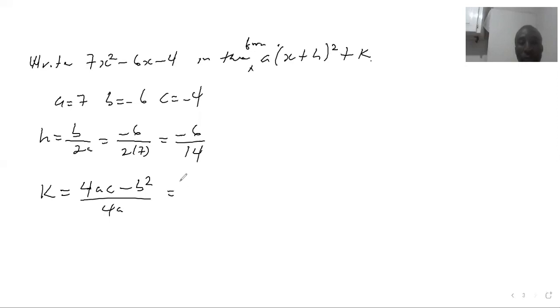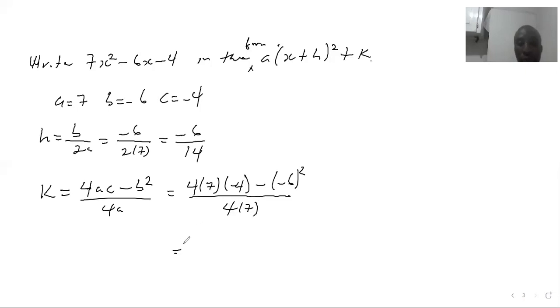So this will give me 4 times my a, which is 7, times my c, which is -4, minus my b, which is -6 squared, all over 4 times a, which is 7.